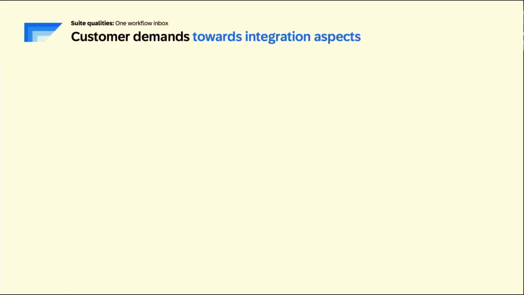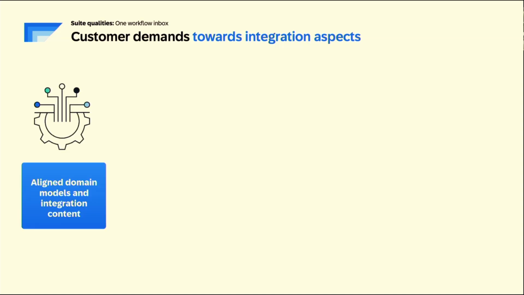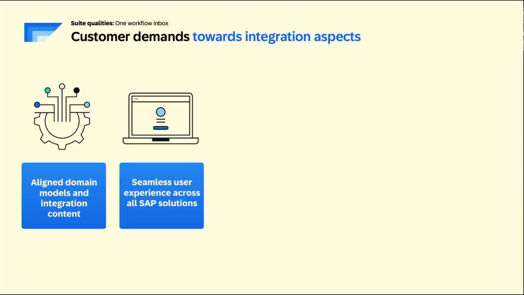And the answer was simple. The one thing was aligned domain models, a harmonized model of master data, for example, synchronization or integration content, which we already have in the Business Accelerator Hub.